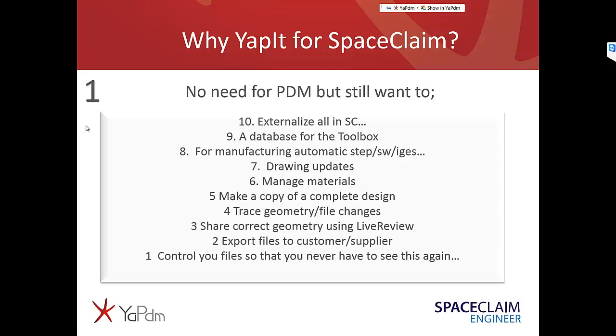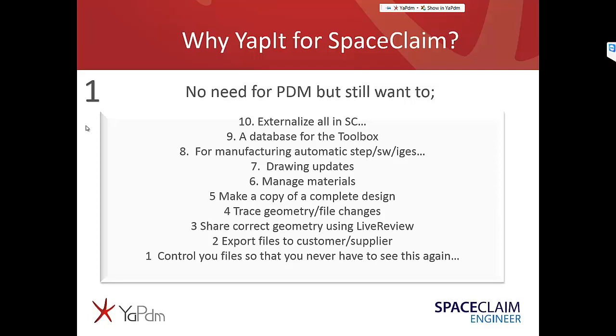Manufacturing: if you use SpaceClaim for manufacturing and want to generate STEP files, IGES files, Parasolid files, whatever, you can do that automatically with the DB converter, but with this package you can get them generated in just two clicks, exported to a folder and renamed. I'll show that.